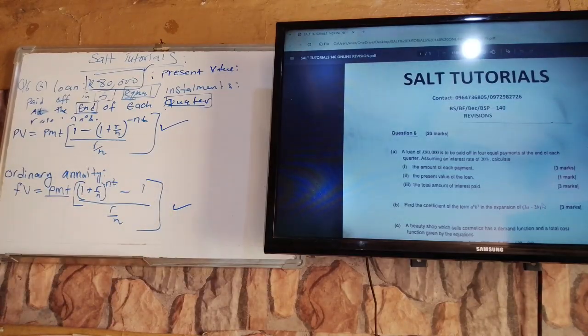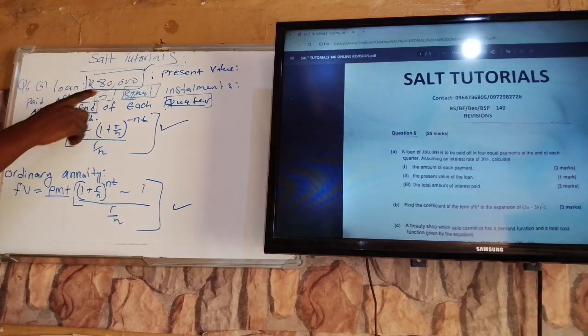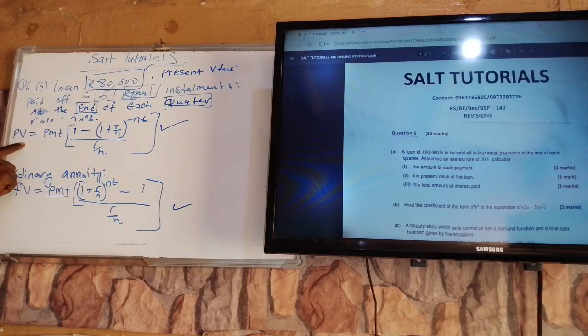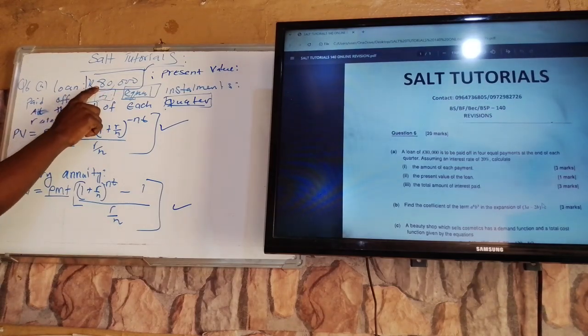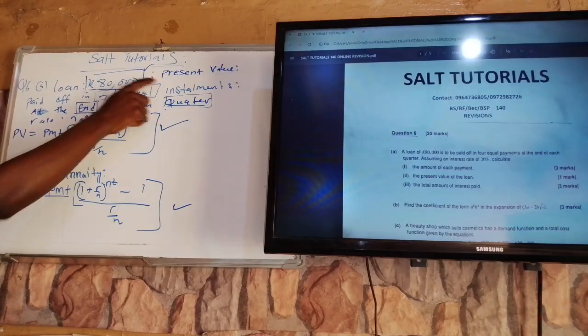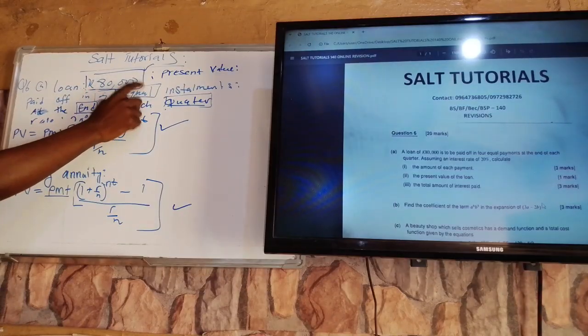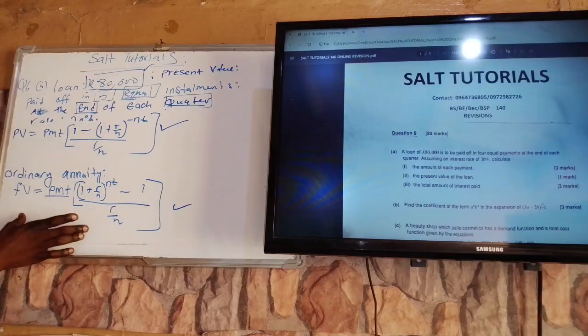So depending on what you have, in this case you have a present value, meaning the present value formula is at work. Here we don't have the future value. If we had the future value, for example, if the loan of 80,000 is due in 1 year, it means this is a future value for 1 year. Then we could have used this.